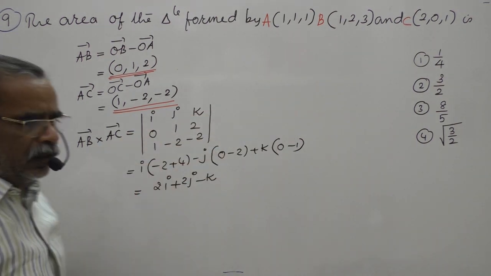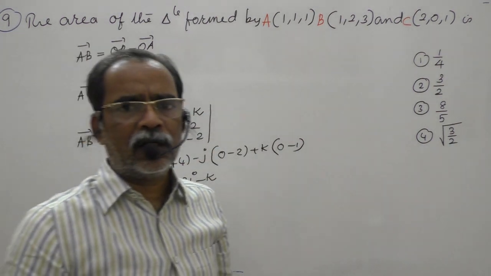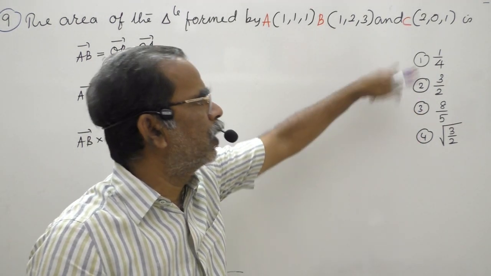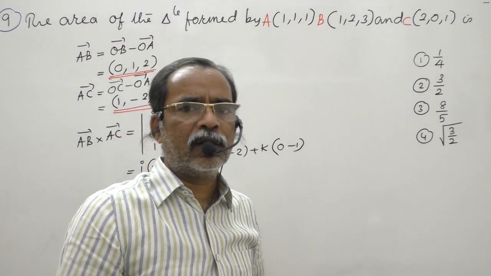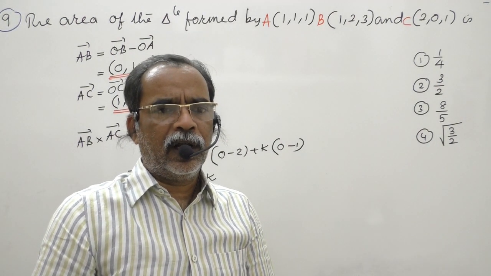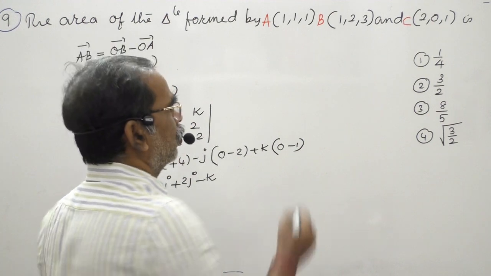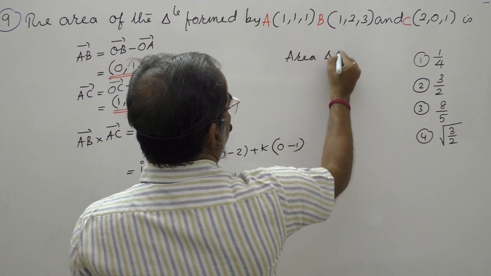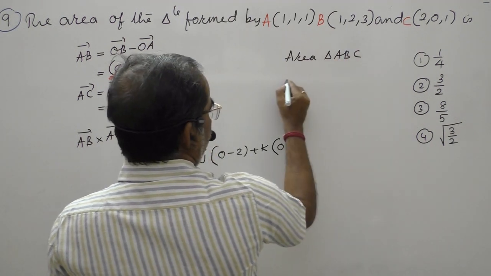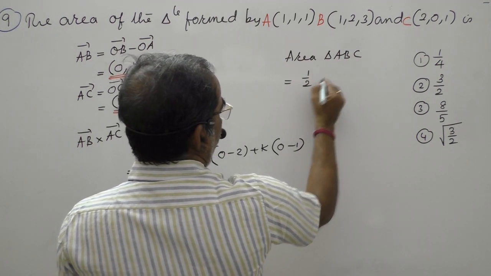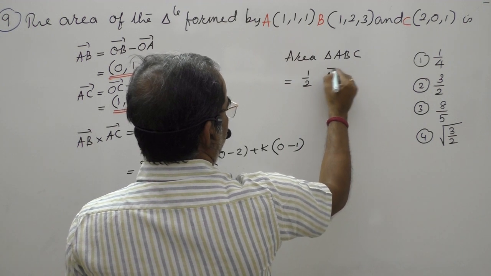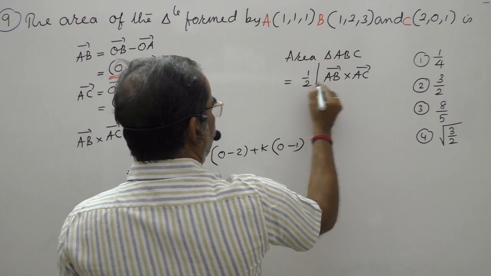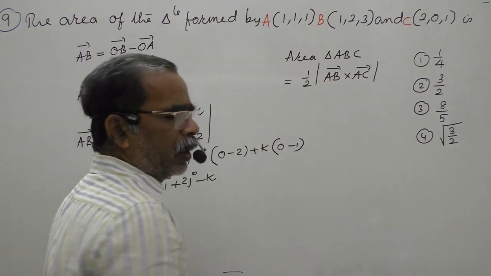So, area can be expressed in vectors or you can express it as a numerical value. Here only numerical values are there. That means after finding the vector area, you take its magnitude. So, area of triangle ABC is half into AB cross AC. This will be in vector notation, but we want only magnitude, so take mod.